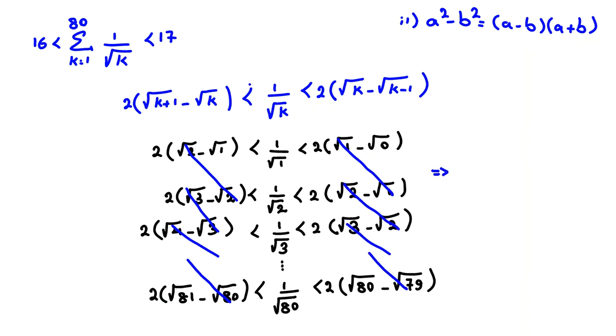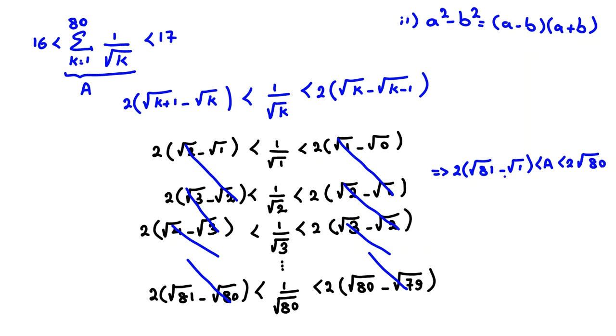So if we call this value A, it is greater than what? 2 times root 81 minus root 1. So let me write it like this: 2 times root 81 minus root 1 is less than A, and A is less than 2 times root 80.